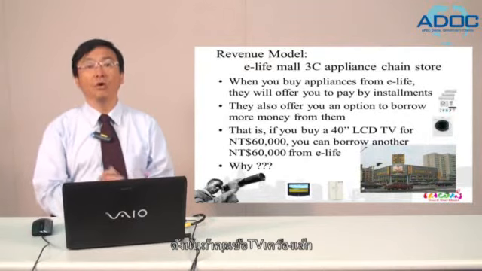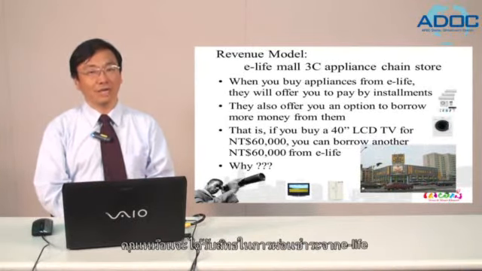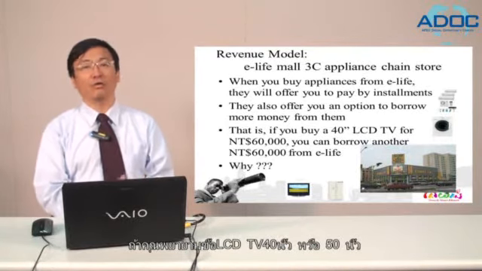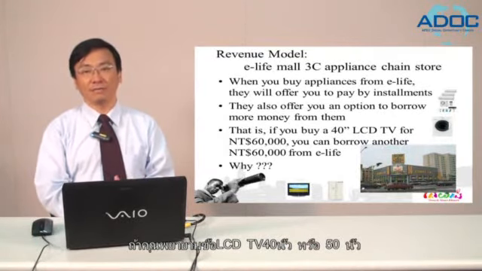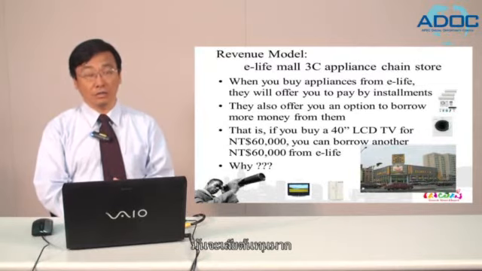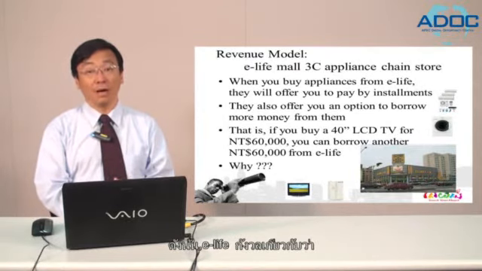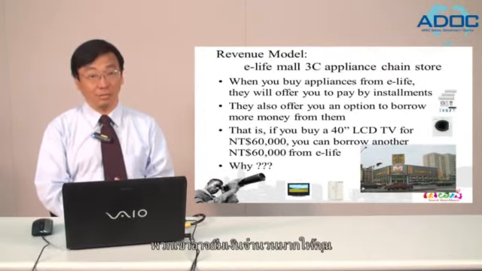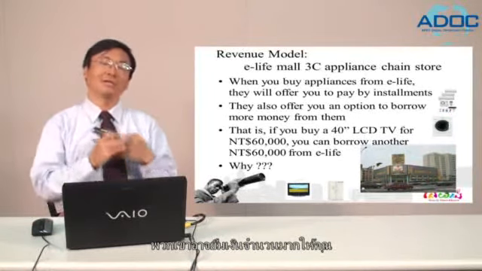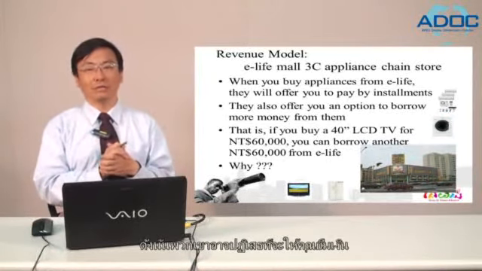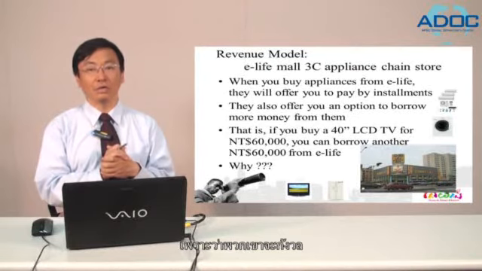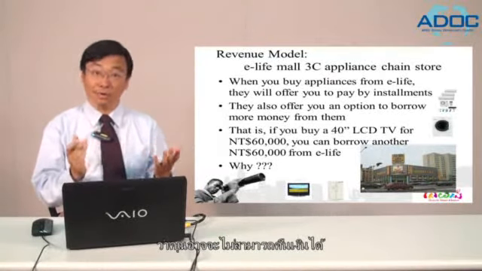So if you bought a small TV, you were more likely to get installments. If you tried to buy a 40 inch or 50 inch LCD TV, it would cost too much, so eLife worried they might lend too much money to you.